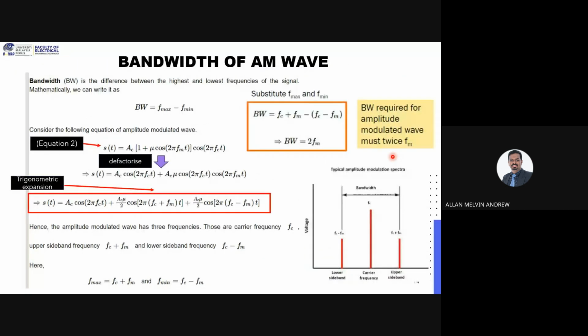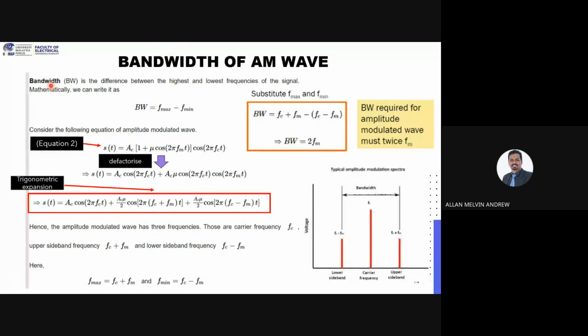Okay, then we go to another term. We call it bandwidth. I think as an engineering student, you always encounter this word bandwidth, especially when you are using Wi-Fi in the house. We always see them mentioning bandwidth. So what is actually bandwidth? Even the AM, the amplitude modulated wave, has a bandwidth.